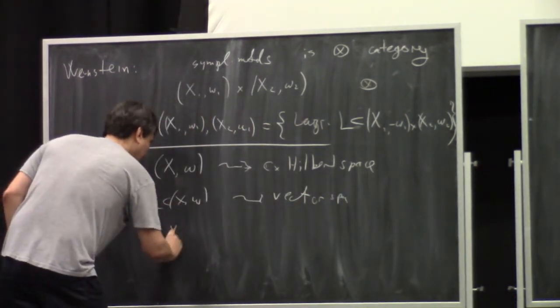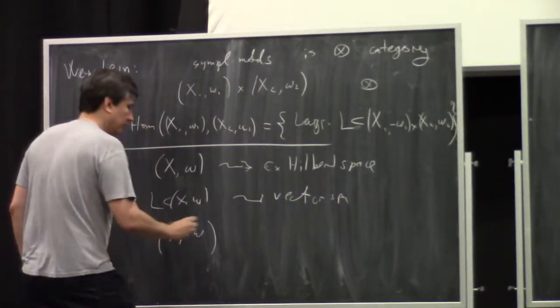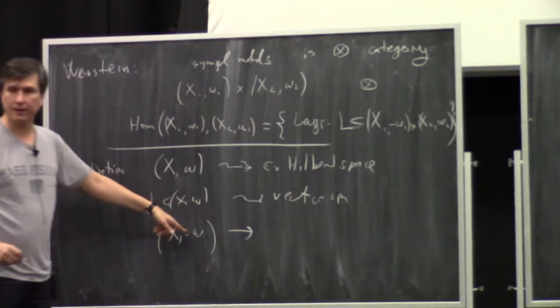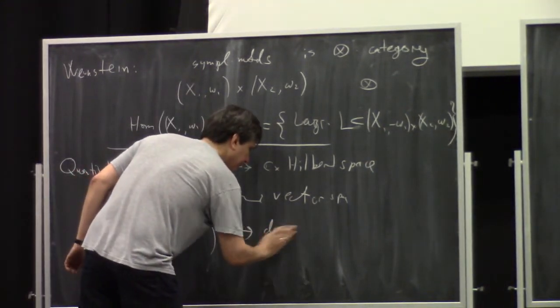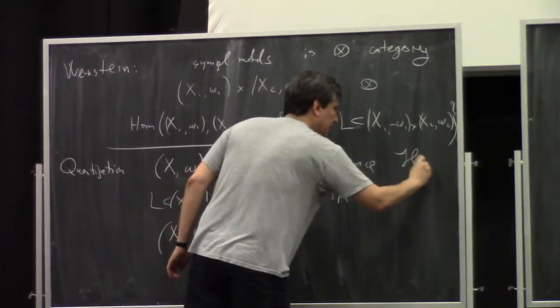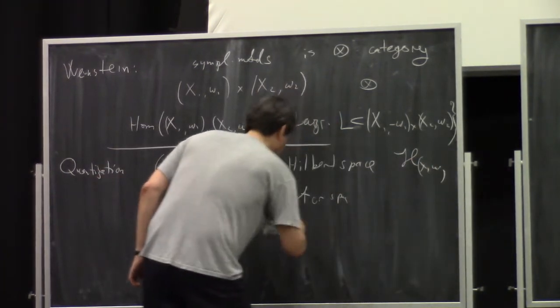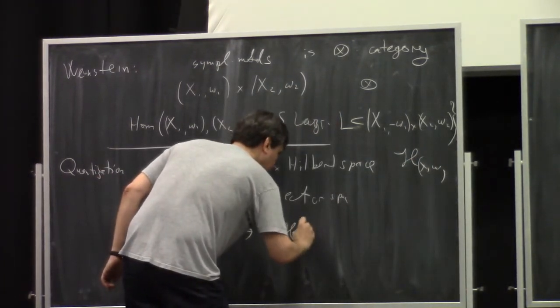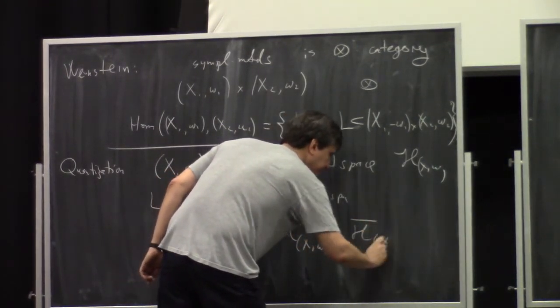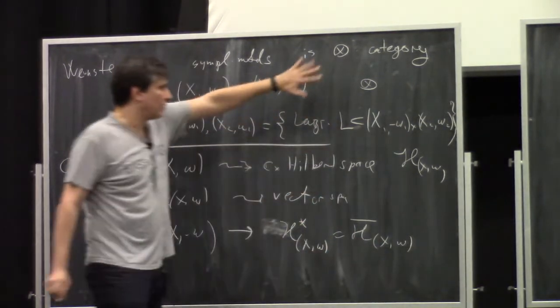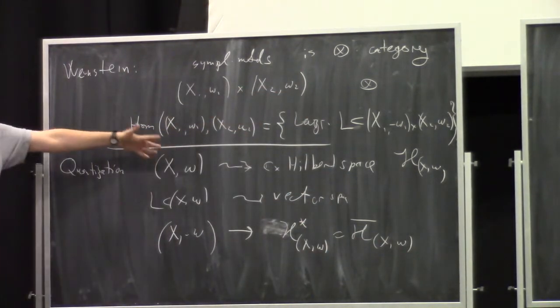If you change omega to minus omega, you should go to the dual vector space, H dual, which is the same as the complex conjugate. So it's a rough approximation of infinite dimensional linear algebra.